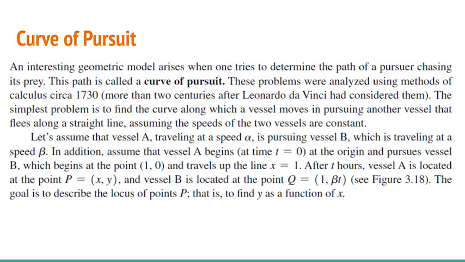After t hours, vessel A is located at the point P equals (x, y), and vessel B is located at the point Q equals (1, beta t). The goal is to describe the locus of points of P, that is, to find y as a function of x. So in conclusion, our project deals with calculating the pursuit of vessel A onto vessel B.